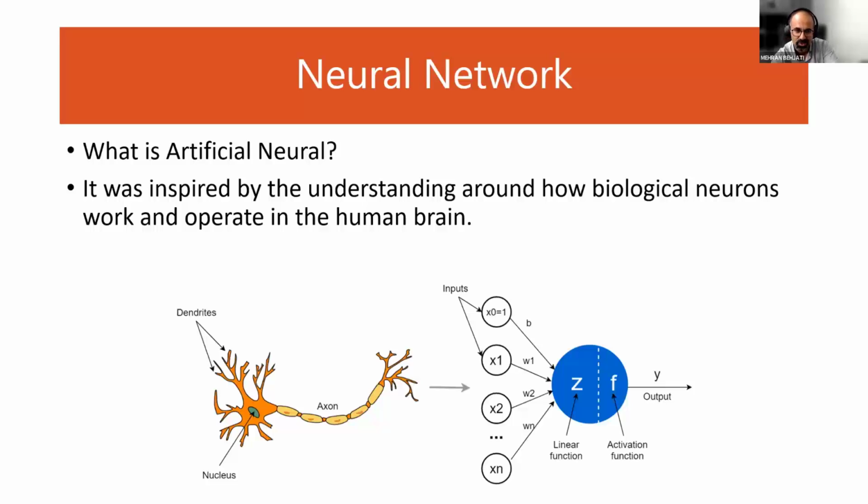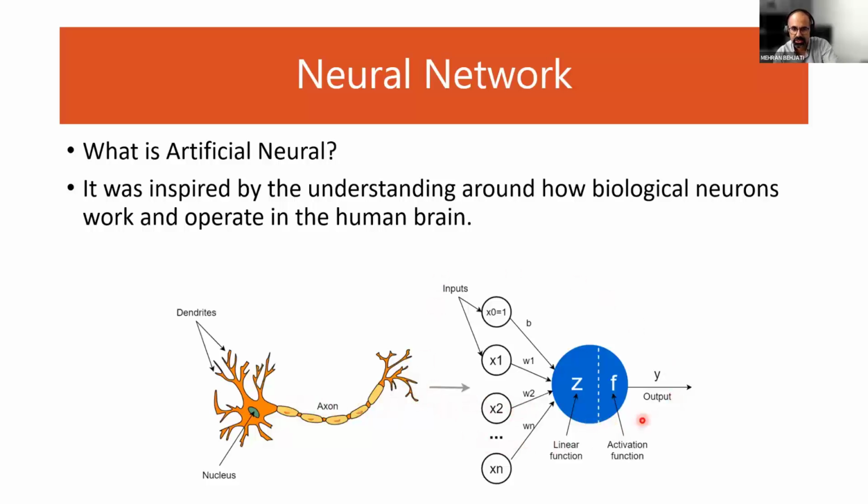As you can see on the left side of the figure, this is a biological neuron. There are some inputs into the neuron. This neuron does some operation on the received signal and then passes it to the neurons next to this neuron.